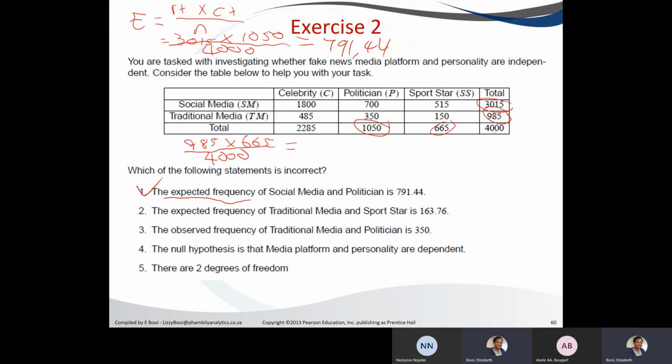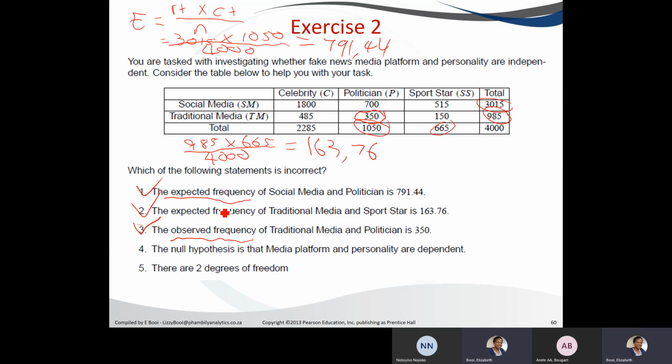And that will be 985 times 665 divided by 4000 equals 163.76, which makes that correct. The observed frequency, so the observed frequencies are those values on the table. It says the observed frequency for traditional media and politician is 350. That is correct.